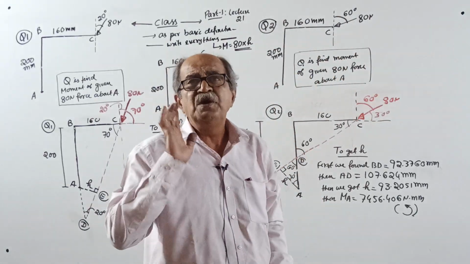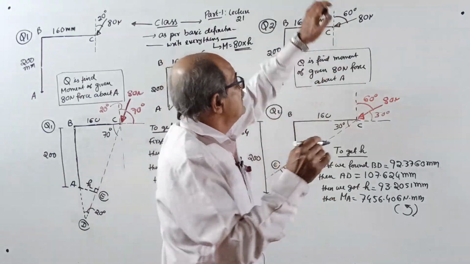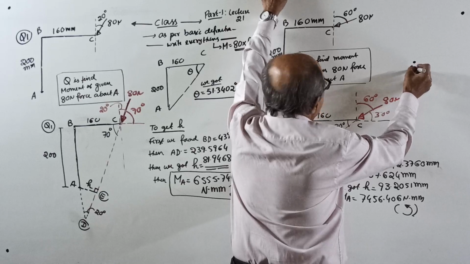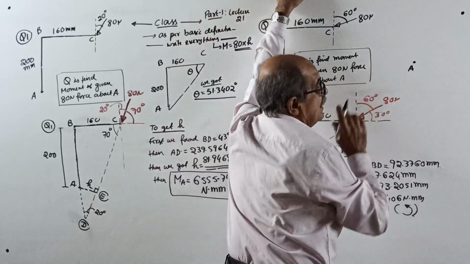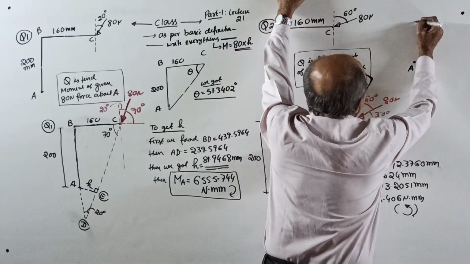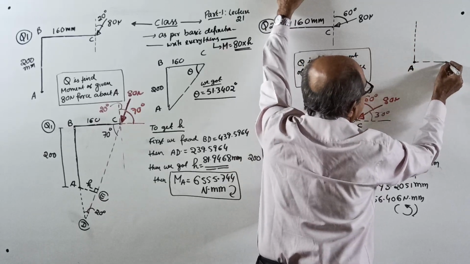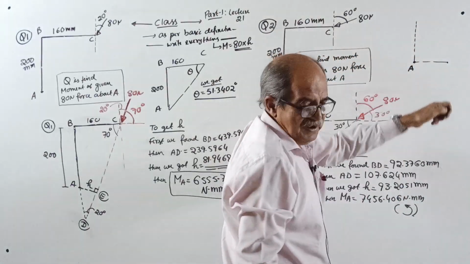Now, there are two cases. One of the cases: suppose you want moment about this point. I will call it A point because throughout I am telling A so far. You imagine one line here, one vertical line, one horizontal line. I think it is within the camera.